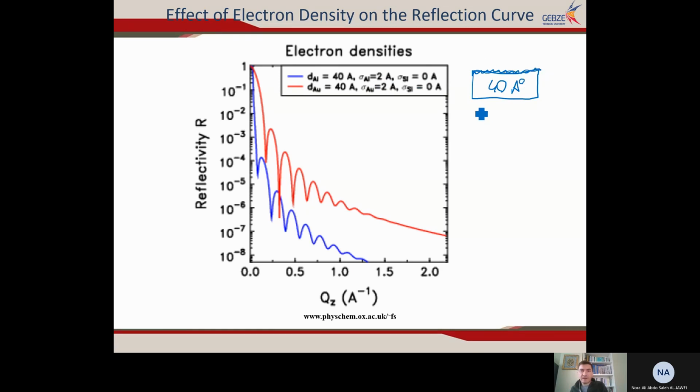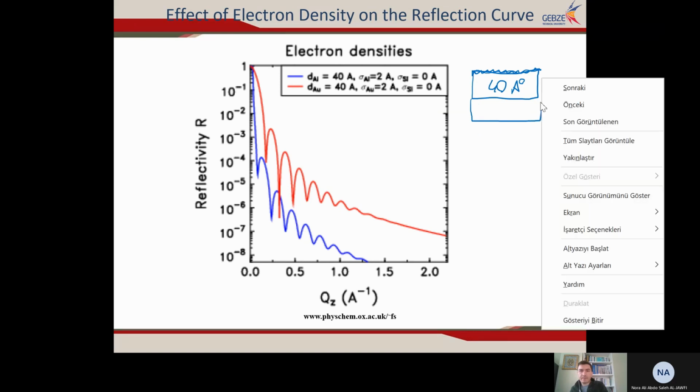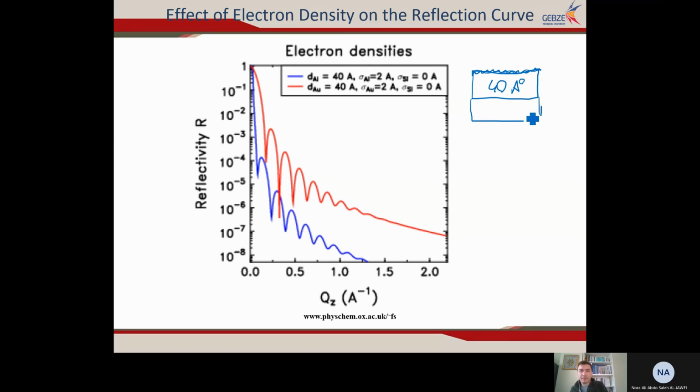This is the roughness. And here we have a substrate, silicium. The roughness between silicium and aluminum is 0. We have a perfect surface without any roughness. Here we have the roughness of the surface of the aluminum, which is 2 angstrom.